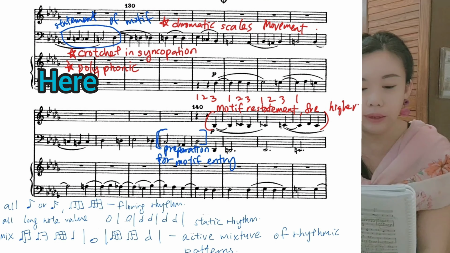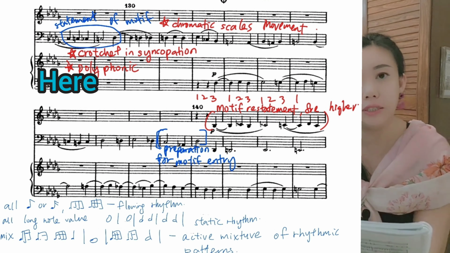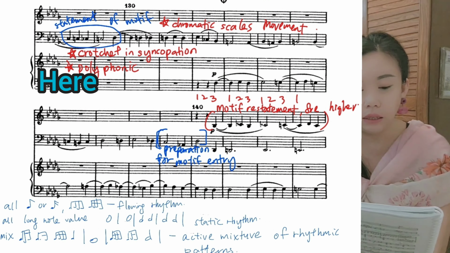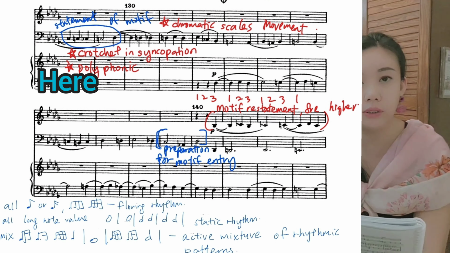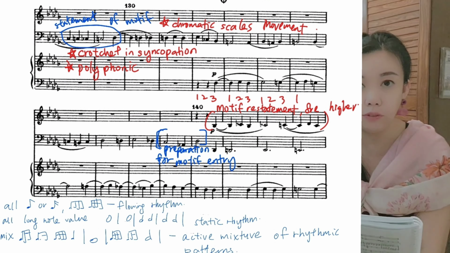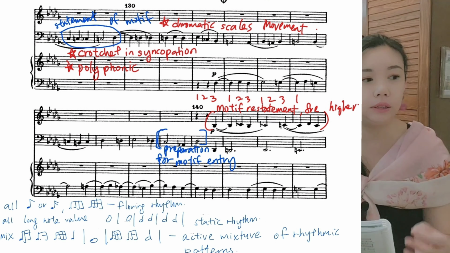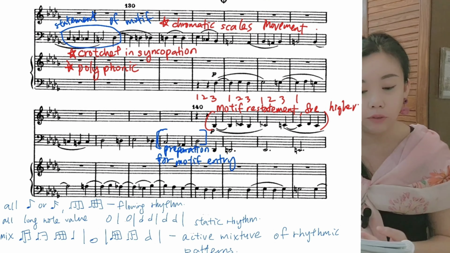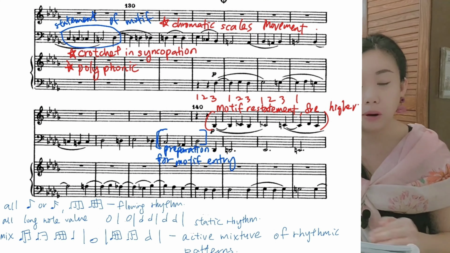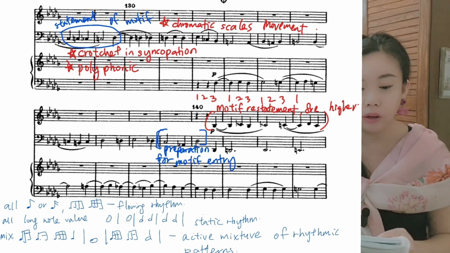And over here, you can see that there are a few features that you can talk about. The rhythmic idea all changes to crotchet rhythm and is polyphonic in texture. So if they ask you about texture, you can say that this is more like a polyphonic texture because you can see multiple melodic lines going on.